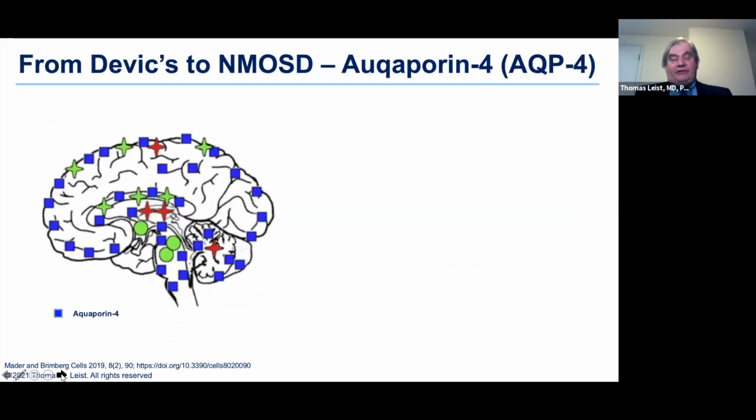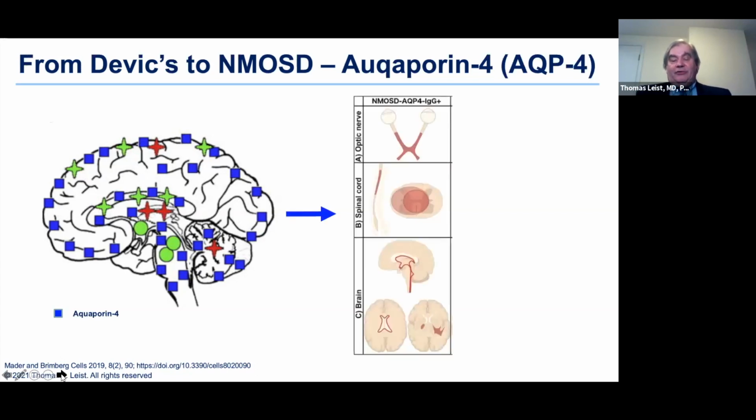So where is aquaporin 4 expressed in the brain? It's expressed at the surface of the brain, and it's expressed in different parts along the fluid-filled areas within the central nervous system. Fluid-filled areas are the ventricles. And so if you think about that, we can then start to think, well, in neuromyelitis optica, there are lesions, there are areas of damage that occur.